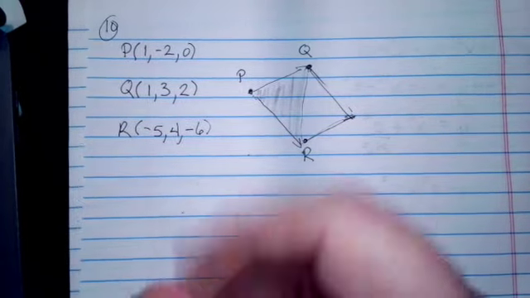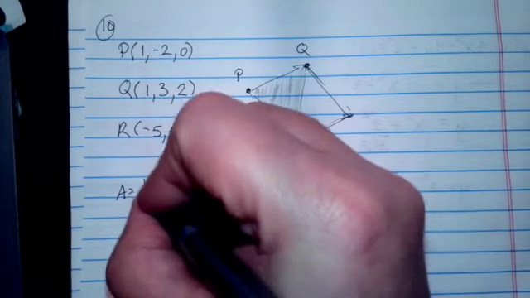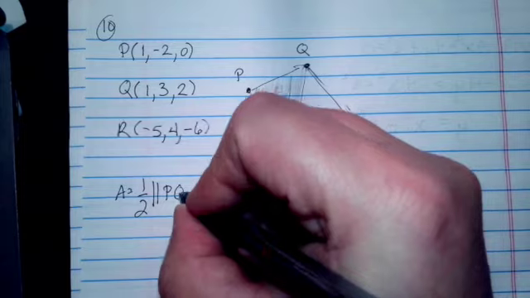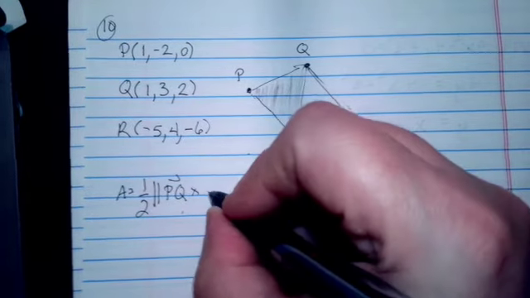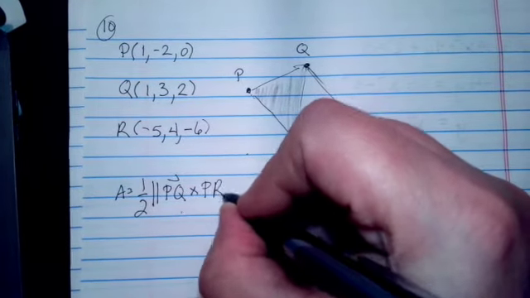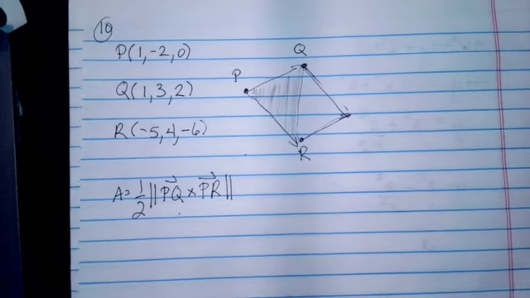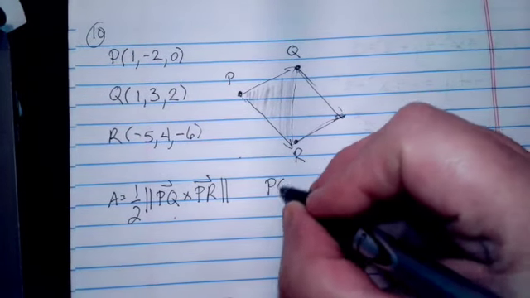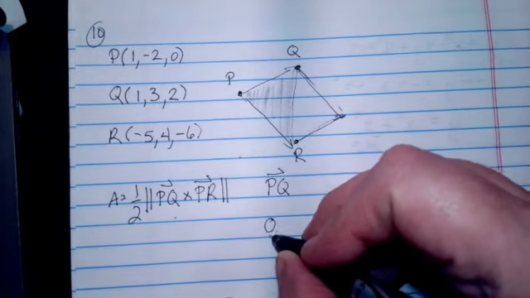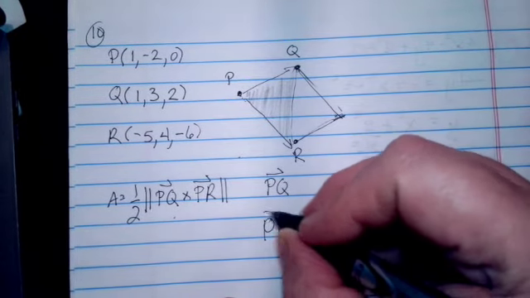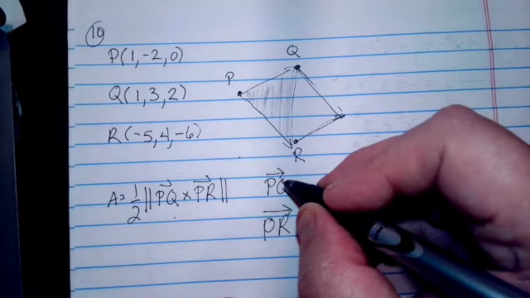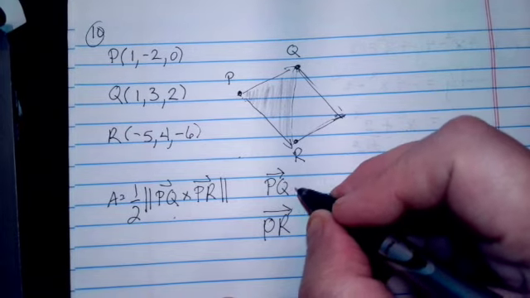So let's do this. The area will be 1/2 the magnitude of the cross product of PQ and PR. Okay, so let's figure out what the component forms of these 2 vectors are.